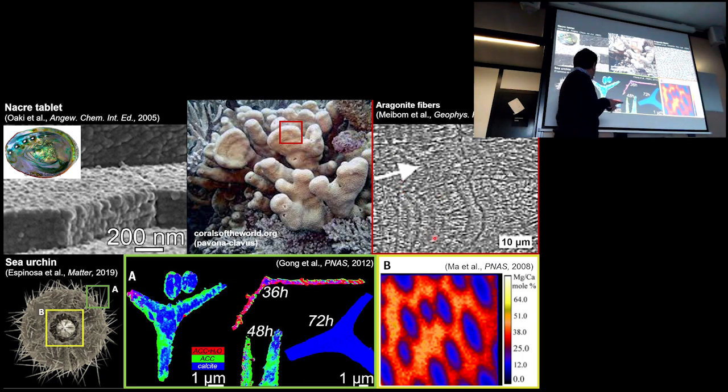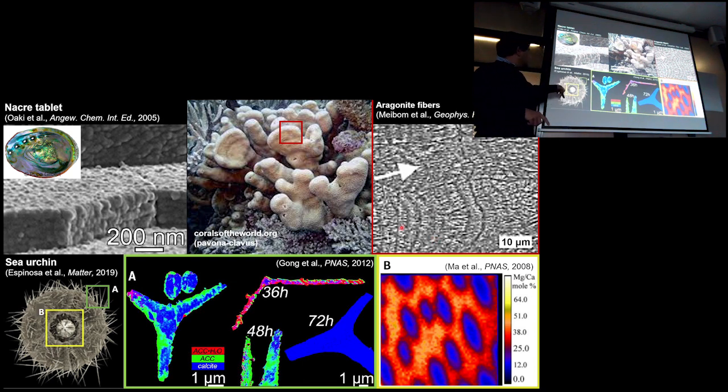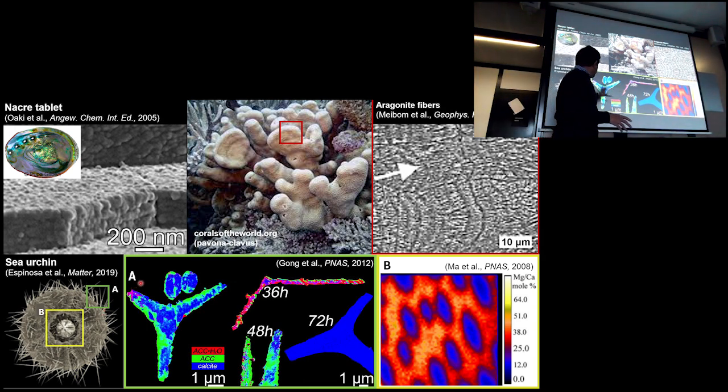And then this is another species, a sea urchin, which is a very famous species in this field of research, because scientists can actually take one of these calcium carbonate spicules out, and then they can study this spicule as it crystallizes.